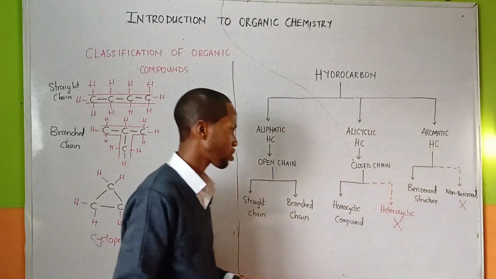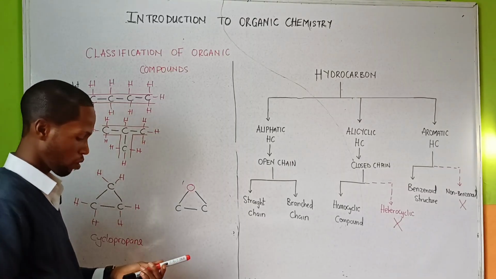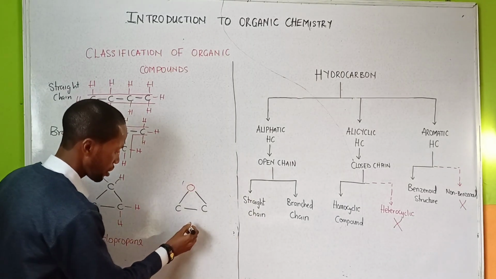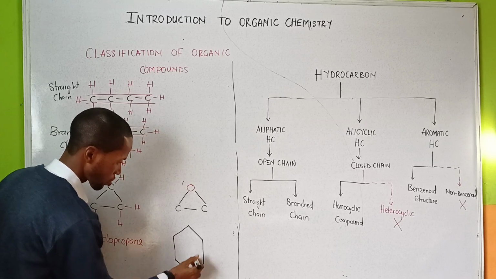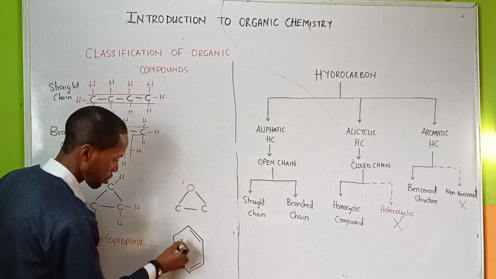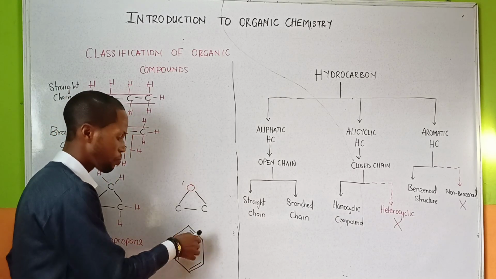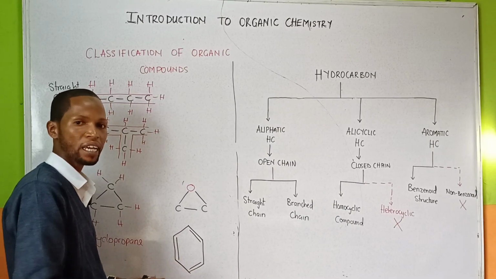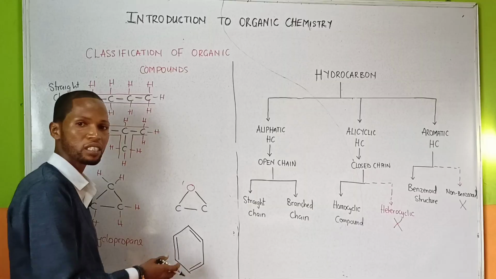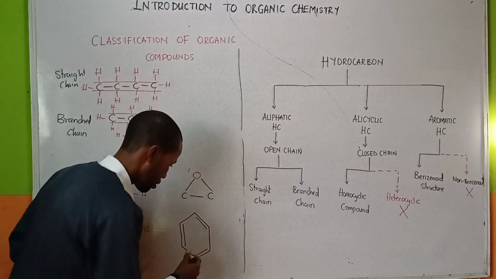A very good example of the benzenoid structure is the benzene compound. We have alternating double, single, double bonds. And in a benzene compound, we have 6 carbon atoms, just carbon and hydrogen. That's what actually makes it a hydrocarbon. So this is the benzene compound.